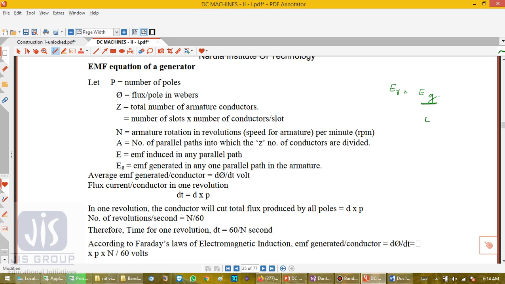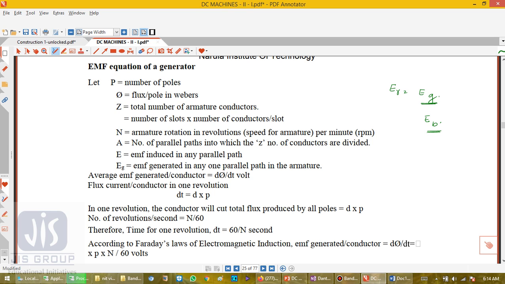In case of a motor it is denoted by EB, which is known as back EMF or counter EMF. But for both generator and motor, the expression, whether it is EB or EG, is the same.